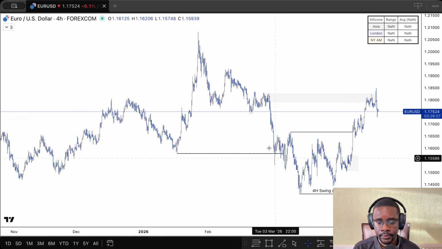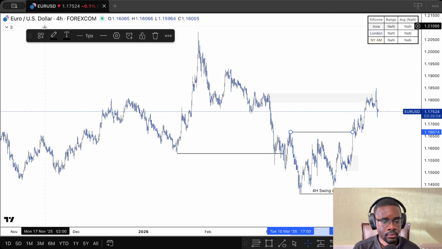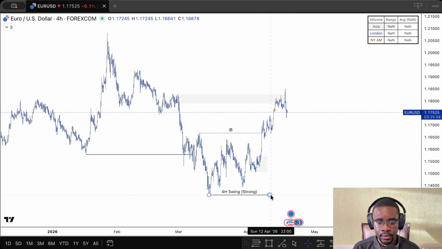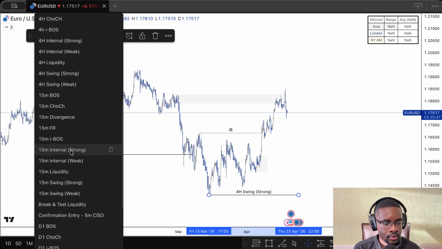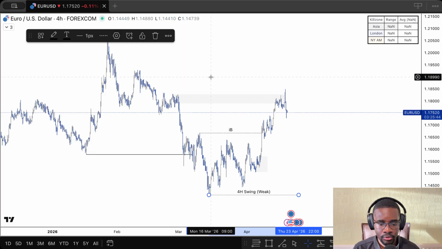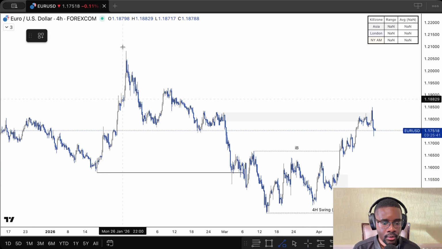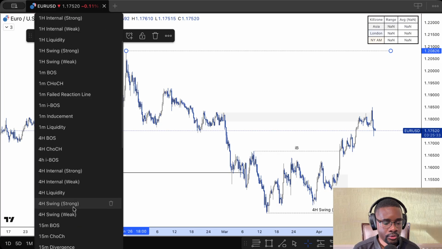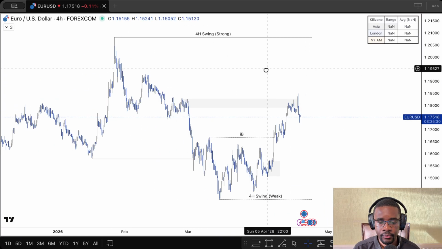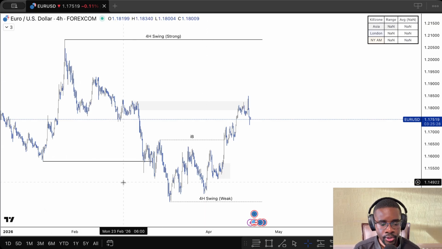And then we had a pullback. So that is actually my IPOS. So this becomes my weak swing low, and then this is my strong swing high. So on the 4H, this is the range we're in.